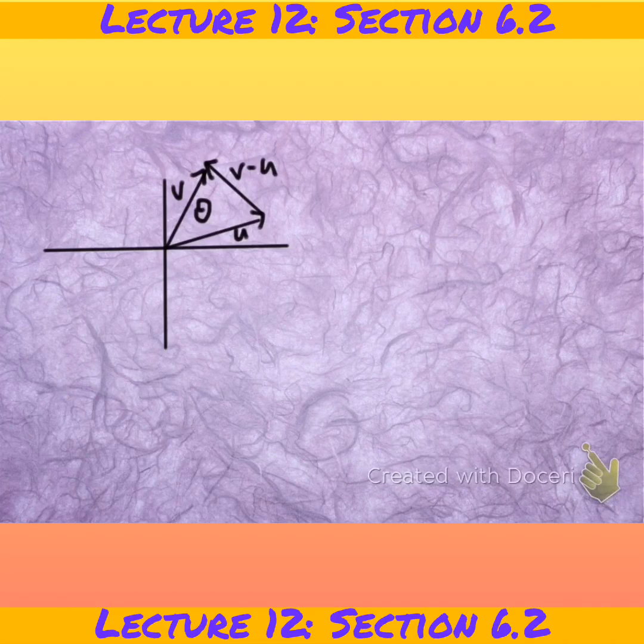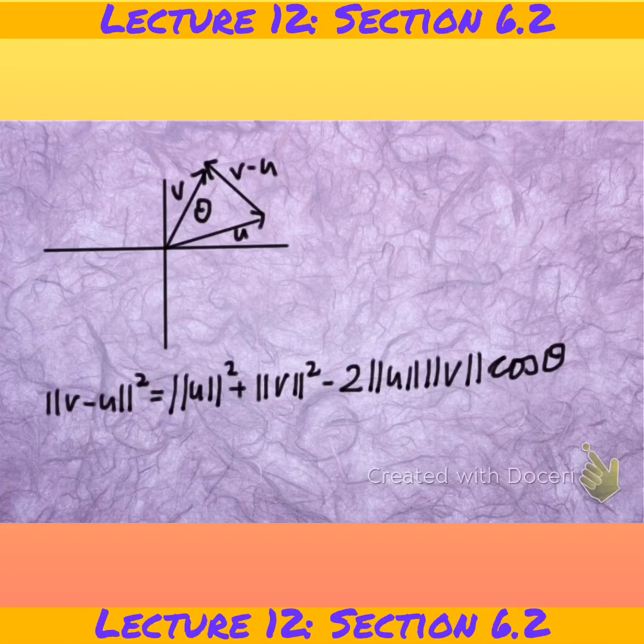Then recall that the triangle formula for the cosine of the angle gives us the following: the square of the norm of v minus u is the square of the norm of u plus the square of the norm of v minus 2 times the norm of u times the norm of v times the cosine of the angle between the two vectors u and v.